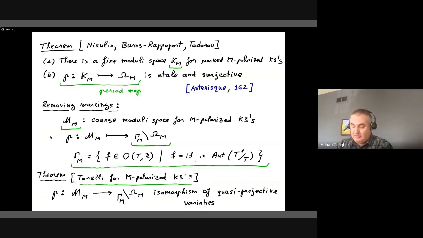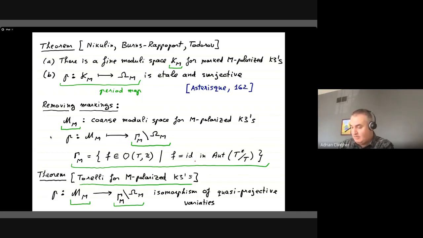So we have a moduli space for M-polarized K3 surfaces in whatever ways we can construct it, and the period map is going to be an isomorphism of quasi-projective varieties that maps into this quotient of the M-polarized period domain by the group I indicated earlier. So this is the general Torelli theory for M-polarized K3 surfaces.